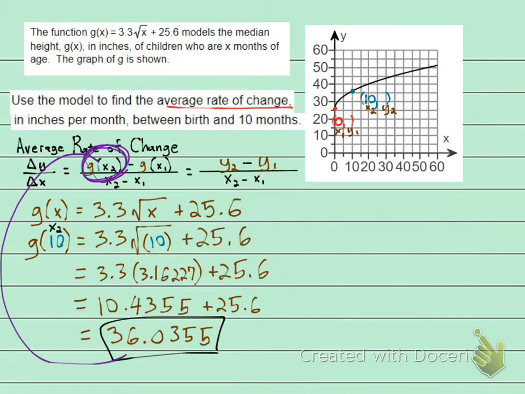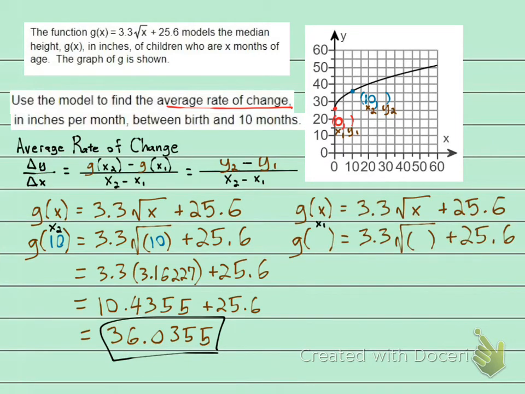All right, now let's go ahead and find the g of x1. All right, x1 is 0, so we're going to plug in a 0 here for x1 and a 0 here for x.